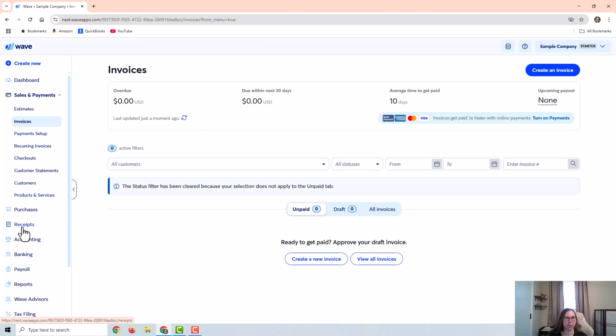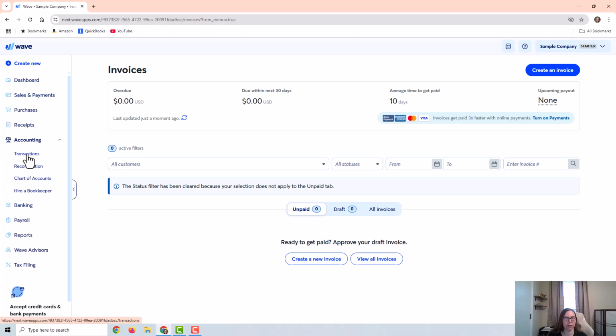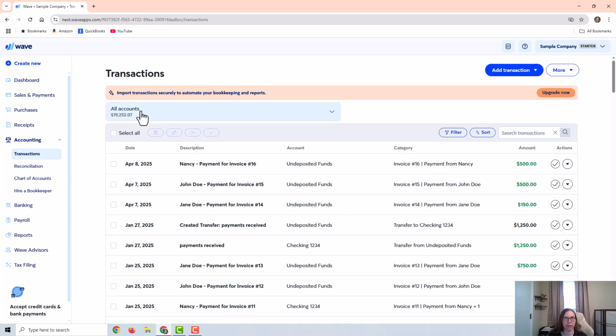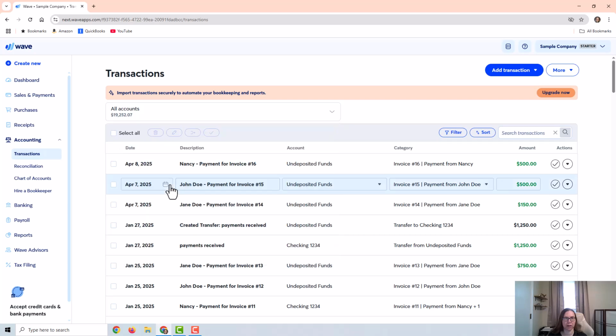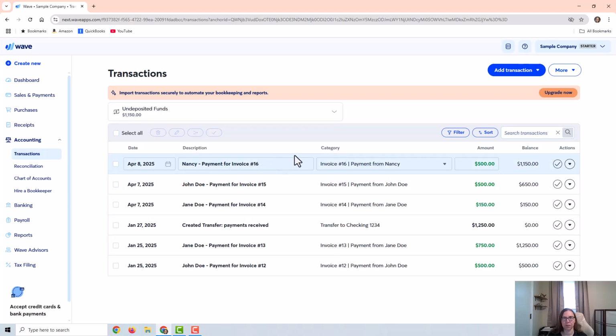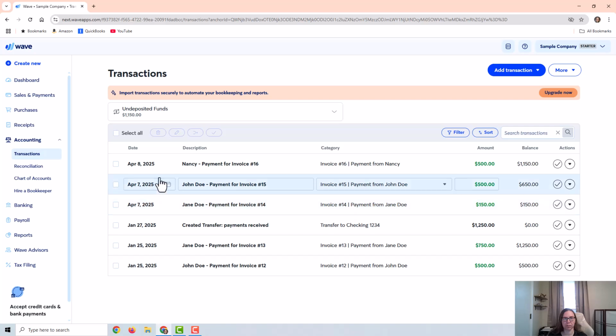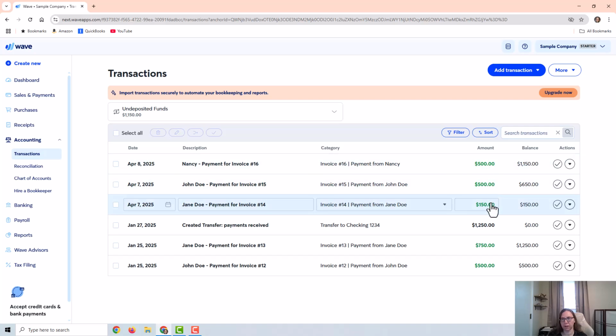So now what I'm going to do is go to Accounting Transactions, and where it says All Accounts here, I'm going to just go to Undeposited Funds. Those three payments that I just posted are in this account, and there's a balance now of $1,150. So undeposited funds is simply a holding place for money that you expect to deposit.